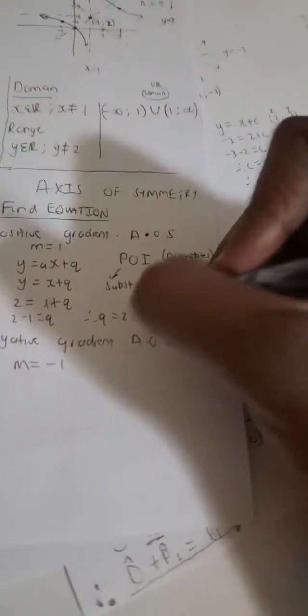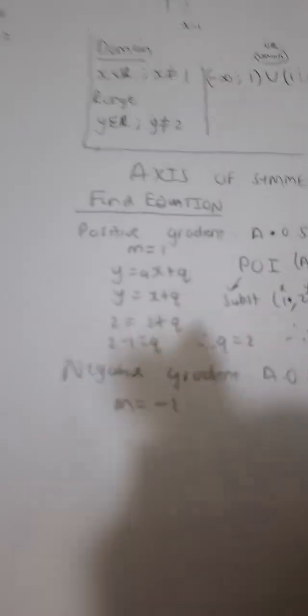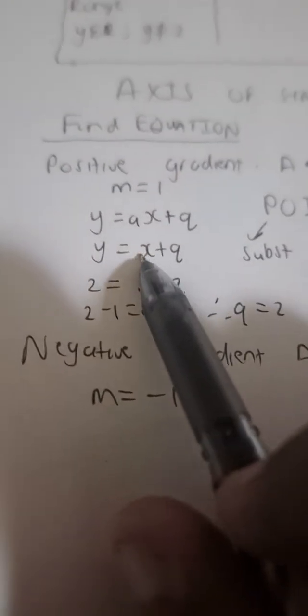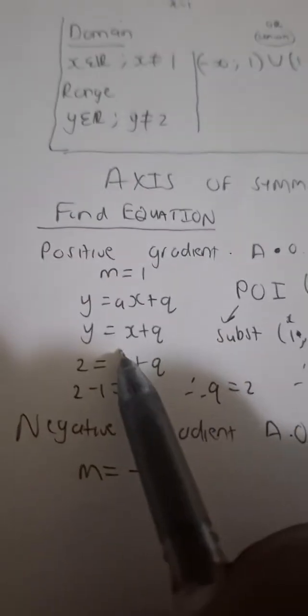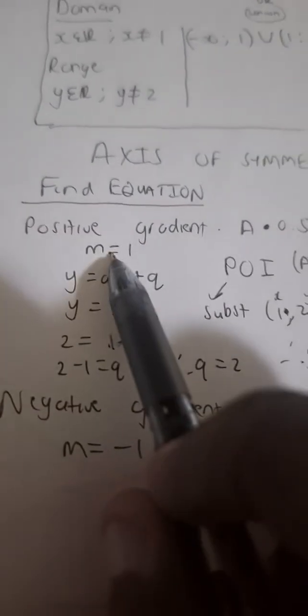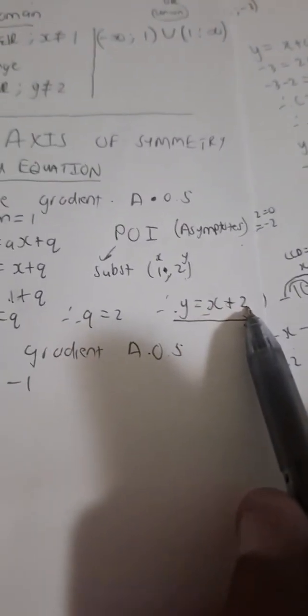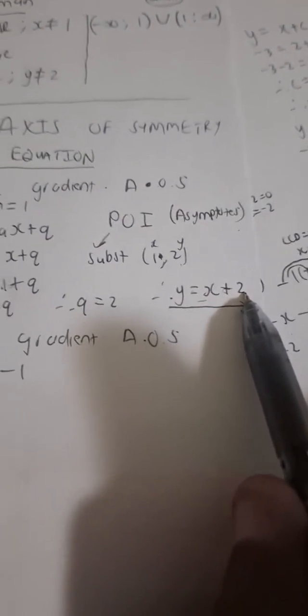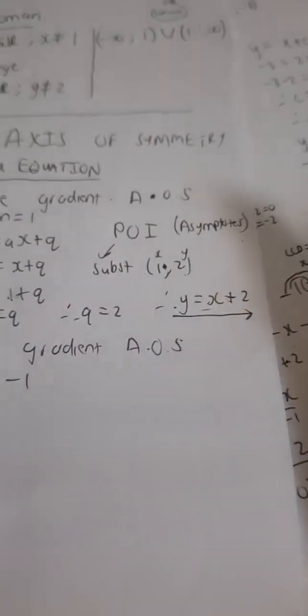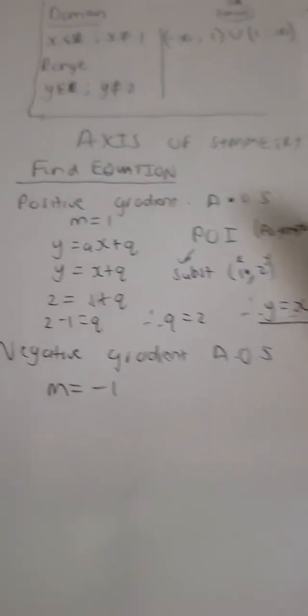So what does that mean for the equation of the axis of symmetry? y is equal to, remember, our gradient, since it's the positive gradient axis of symmetry, is 1. It always is positive 1 if we are talking about the positive gradient axis of symmetry. So our equation is y = x. We wanted the q value, we got positive 2. Here is the positive gradient axis of symmetry: y = x + 2.